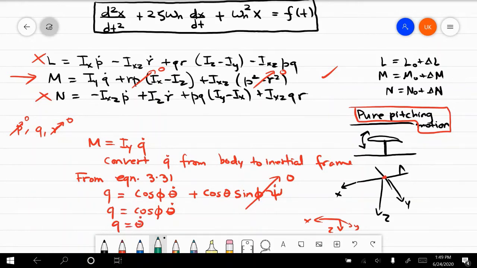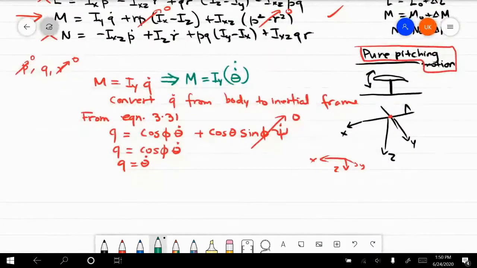So that allows me to write M equals Iy q dot. And what is q? Q is theta dot. So this is theta dot, and again the dot means the second derivative of theta. So I can write M equals Iy theta double dot.